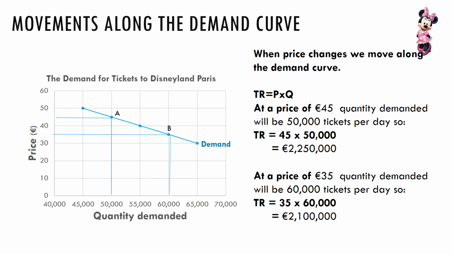If the price was to fall to 35 euros, we'd sell more tickets, 60,000 tickets, but the revenue would be 2.1 million. So revenue has actually fallen by 150,000 euros when we reduced the price and moved along the curve from A to B. So demand curves are very useful for businesses because they can calculate what's going to be the change in the revenue if they change their price.